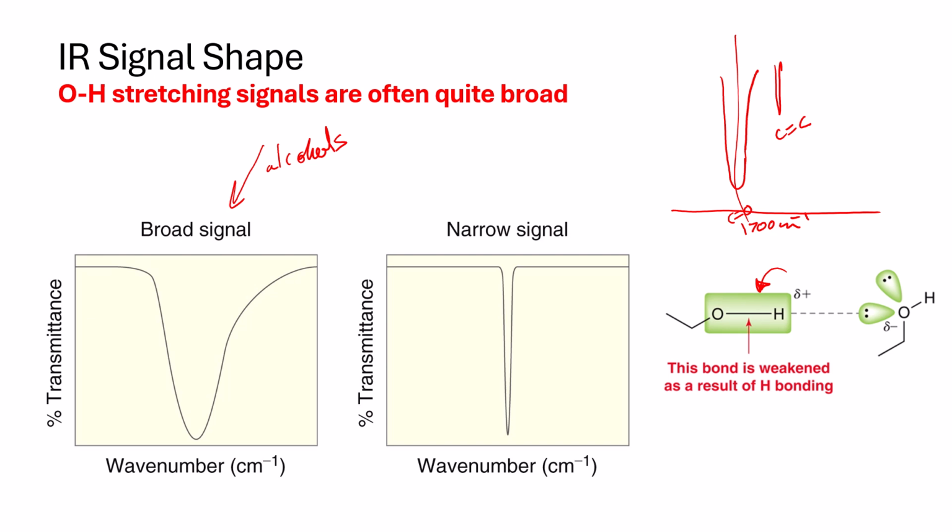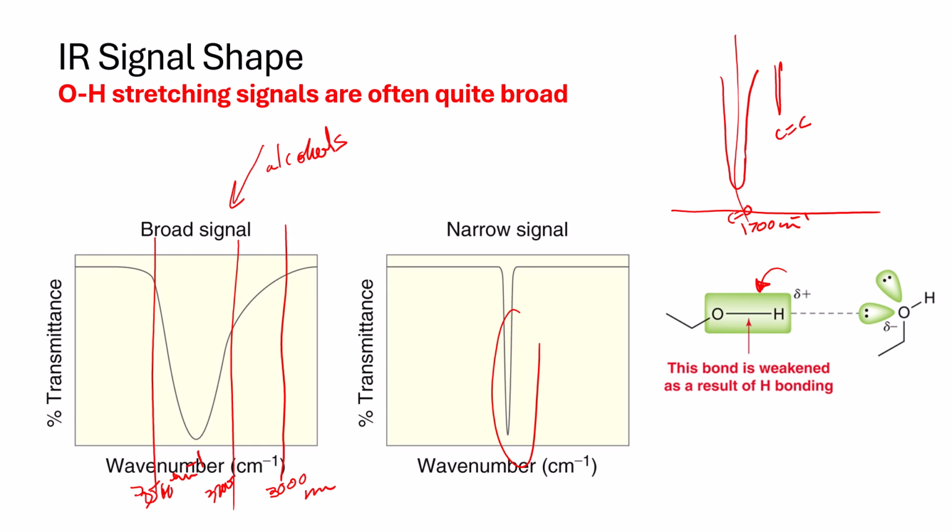If this is an alcohol, the band will be centered between maybe 3200 and 3500 centimeters -1. But in the case of alcohols, you can also have a narrow signal, just as this one.